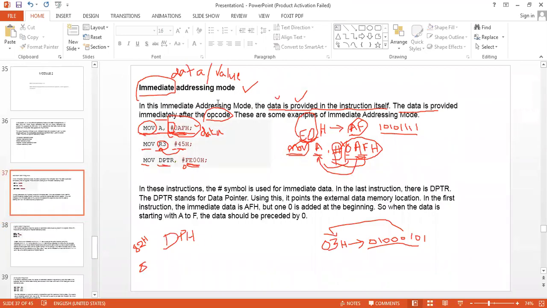So here, 83H is DPH address. 82H is DPL. Okay, data pointer high, data pointer low.